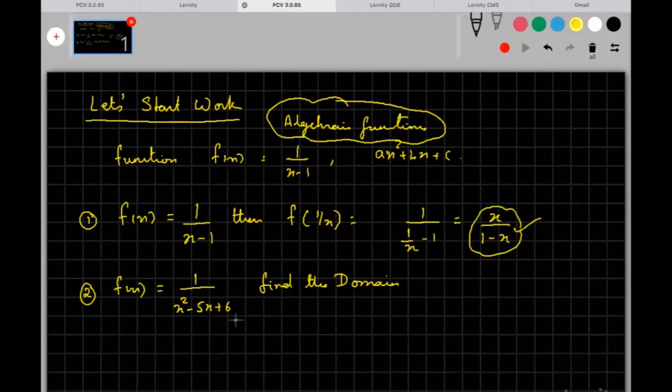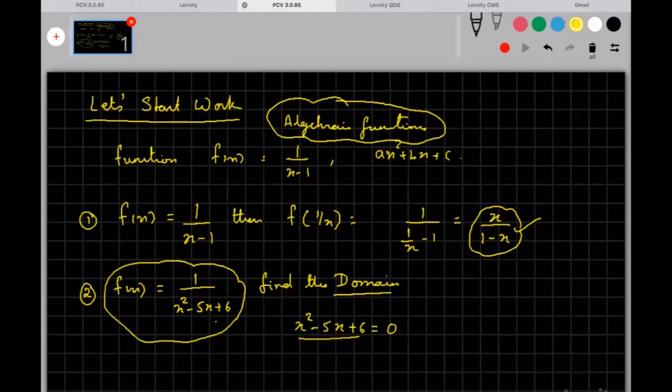Then the next question is f of x is equal to 1 by x square minus 5x plus 6. I have to find out the domain. So domain means what? Domain is all the values of x for which the function is defined. So now this function will not be defined if x square minus 5x plus 6 is equal to 0.